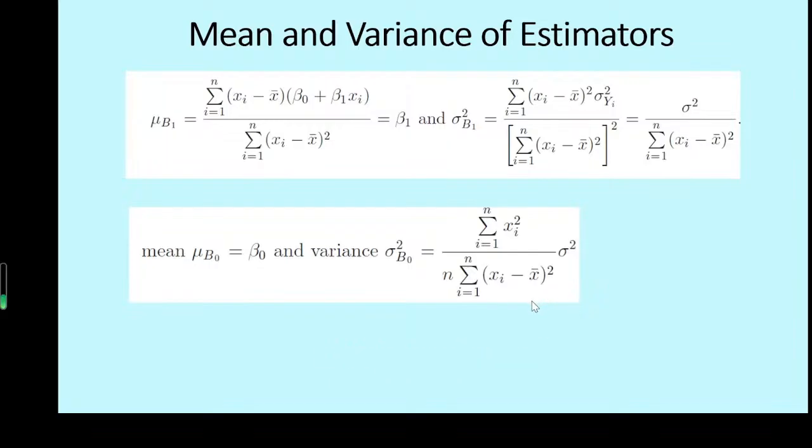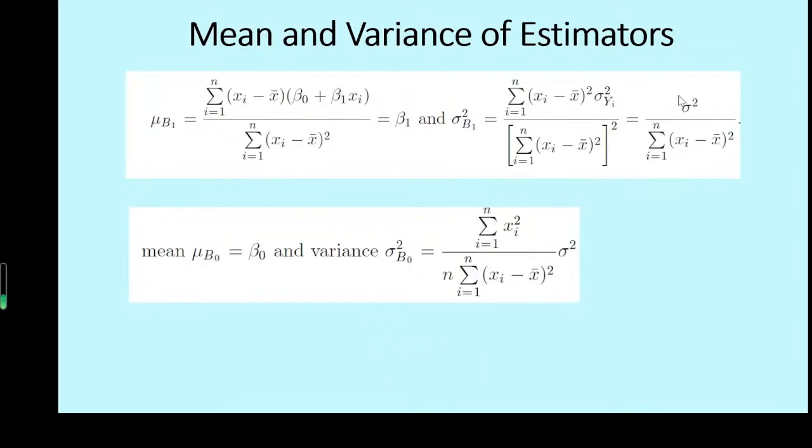So it's very interesting. If the sum of squares of xi with respect to x bar is bigger, then the variance of b1 will be smaller, right?